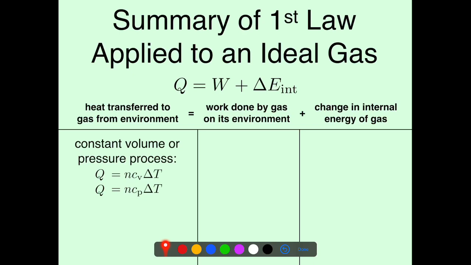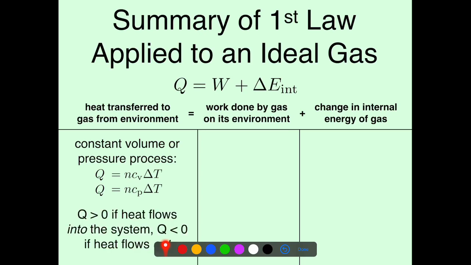So we have these three different variables. And if we start with Q, we know that if we're dealing with a constant volume or constant pressure process, we automatically have a formula for Q. In the case of constant volume, it's nC_V delta T. Constant pressure, it's nC_P delta T, where n is the number of moles, delta T is the temperature change, and these are what we call our molar specific heats, C_V and C_P. Okay.